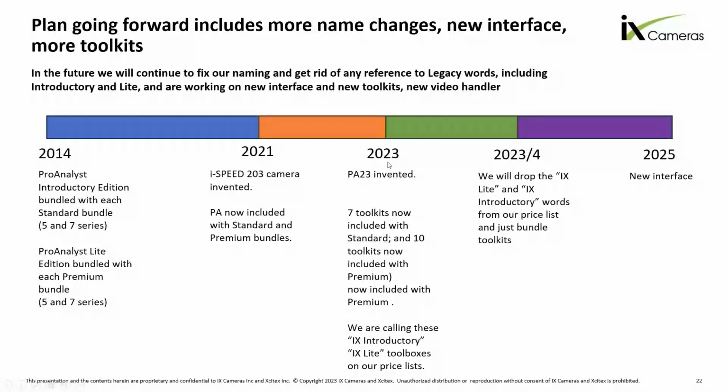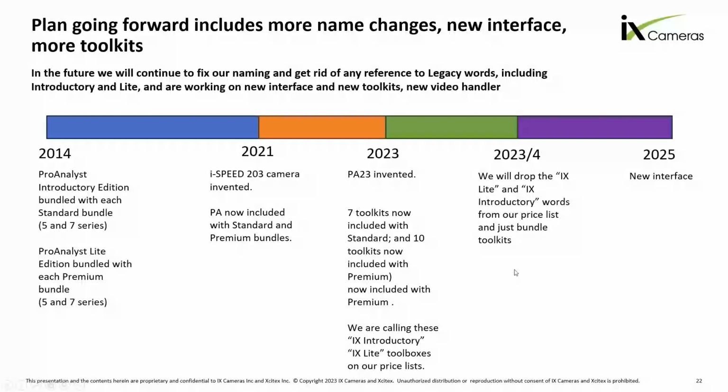Now, today, 2023, ProAnalyst 2023 is out there. PA23 is ProAnalyst 2023. We're moving towards toolboxes, and there's IX. So we've created this IX Lite toolbox and IX introductory toolbox. And they're going to go out with 2 5s and 7s and other cameras in the future.